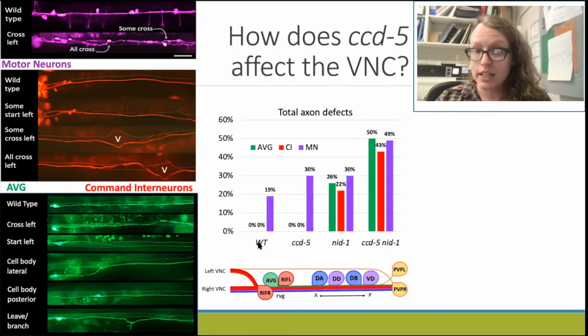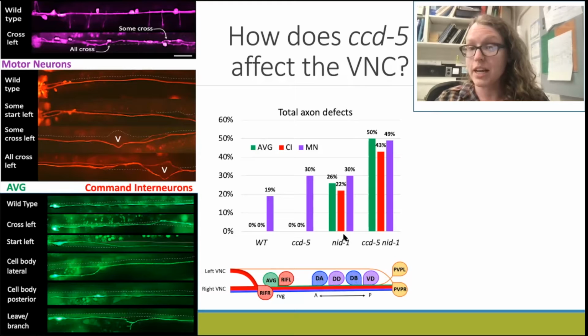And interestingly, there's a pretty intense baseline level of random going on in motor neurons in wild type. And in CCD5 single mutants, we also see an elevated level of motor neurons, significantly more than wild type. So CCD5 is doing some stuff on its own in the context of motor neurons, even without the nitogen 1 null.